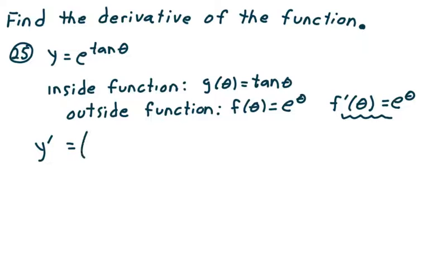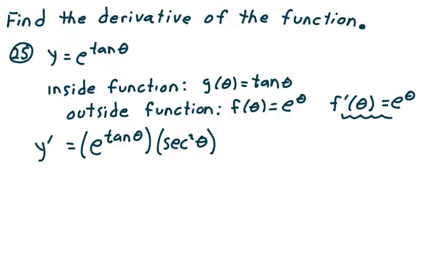So I'm going to get e to the tangent theta, and then I'm going to take that result and multiply by the derivative of the inside function, which in this case, I want the derivative of tangent theta. Well, that's going to be secant squared theta. Okay? And that's how you find the derivative of y equals e to the tangent theta applying the chain rule.